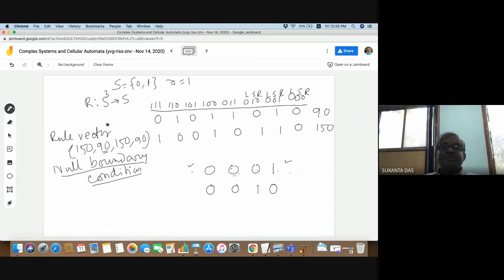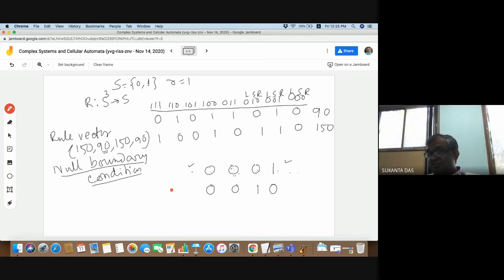It goes in this fashion. It is an automaton, so it will run automatically, right? So this is time step 1. See here, the system is synchronous.